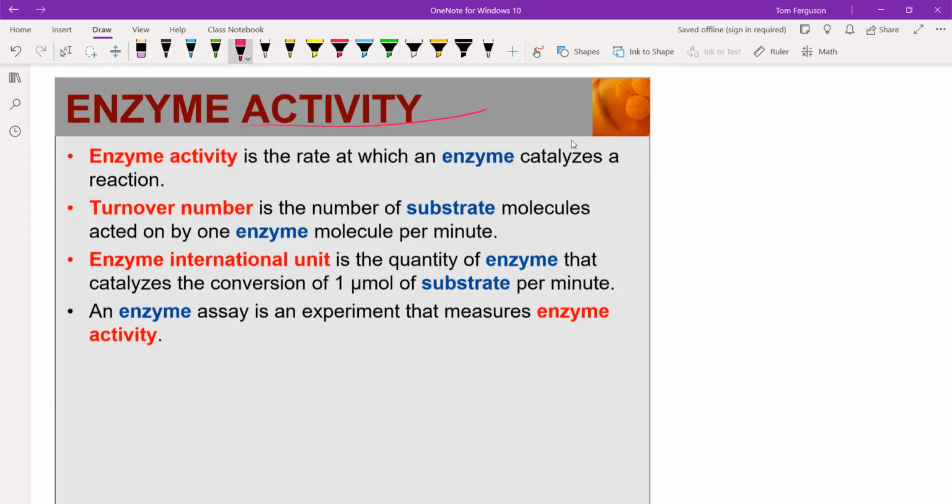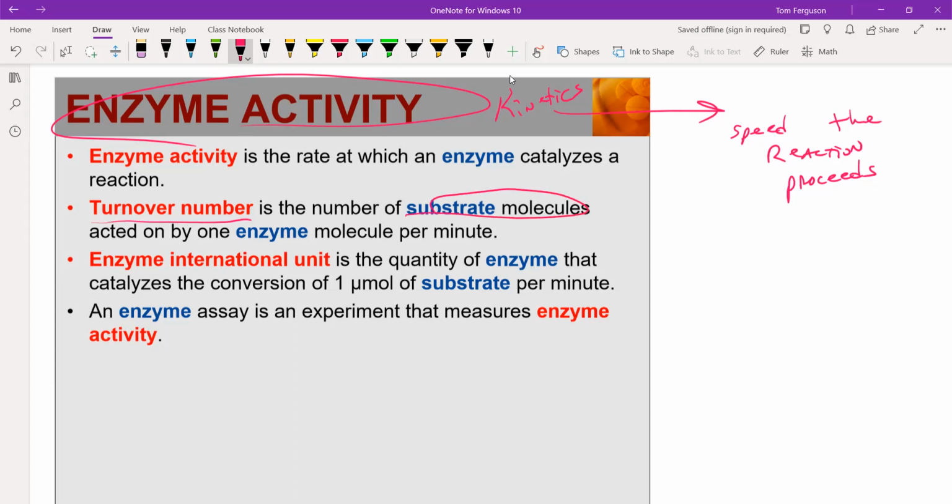Now, enzyme activity is called kinetics. That is the speed. Turnover number is looking at substrates converted to products.